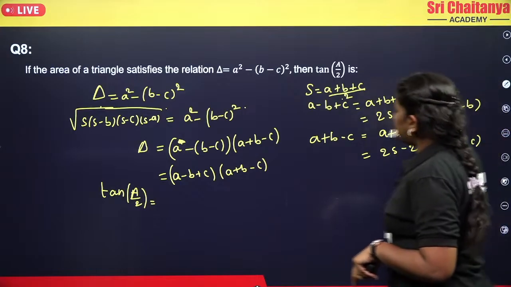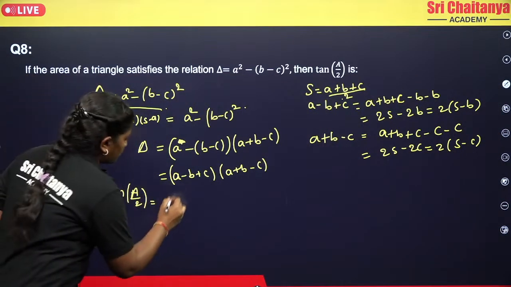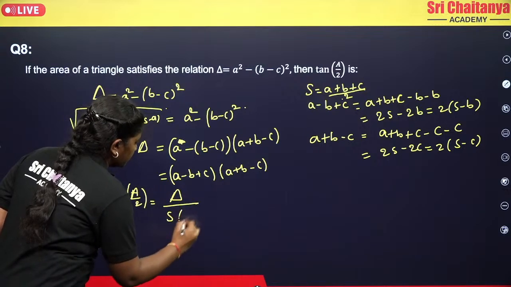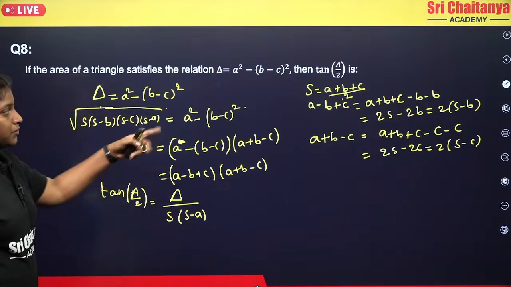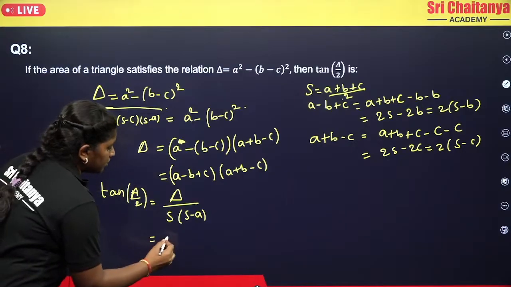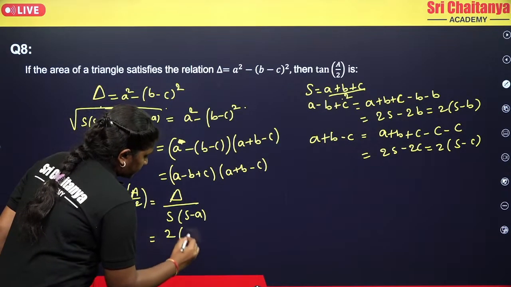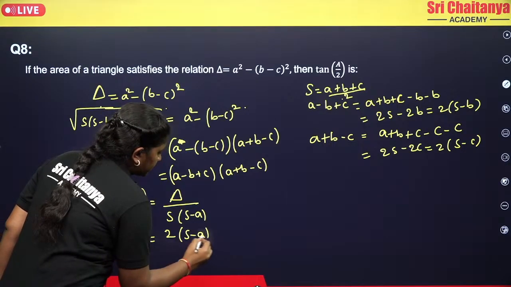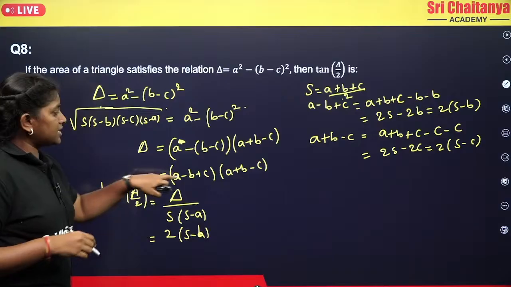So where we will get delta by, it is the capital A. So here we will get delta by s into s minus a. Okay. Now if you look here, we have our delta value as 2 into s minus a, s minus b into, why? Because our delta value we got as this value, right?